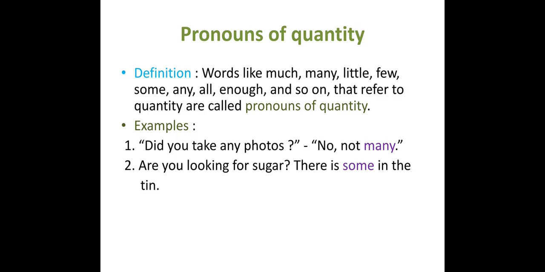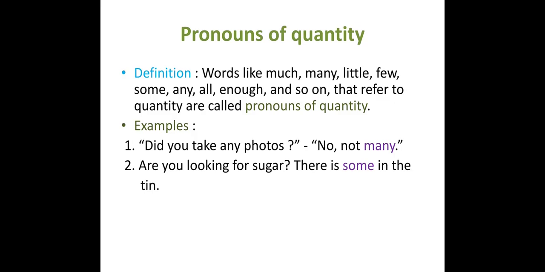First, we will read the definition. You will find it in a box in your textbook and you can see it on the screen also. Words like much, many, little, few, some, any, all, enough, and so on that refer to quantity are called pronouns of quantity.